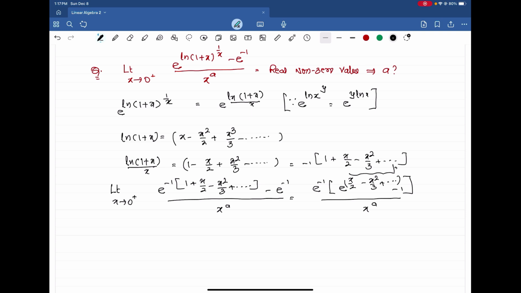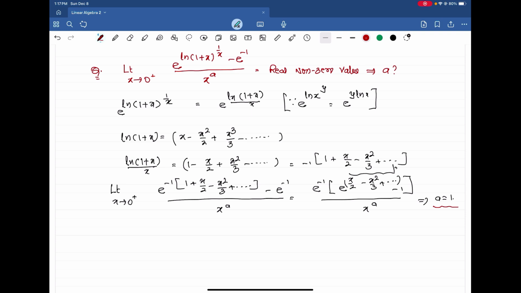For that, a should be equal to 1. You please think over why a should be equal to 1. I give it as a homework to you. You please think over, and we'll do this problem in detail.